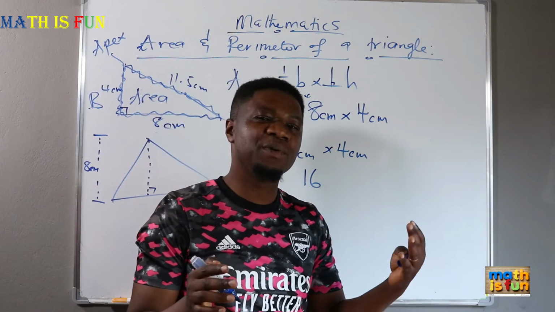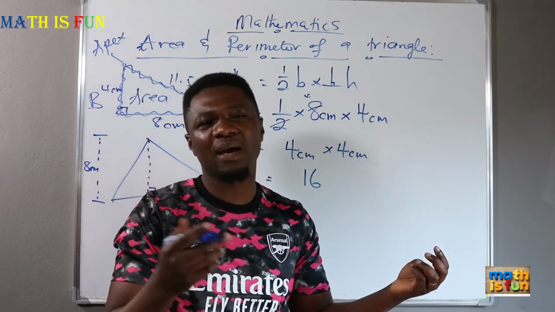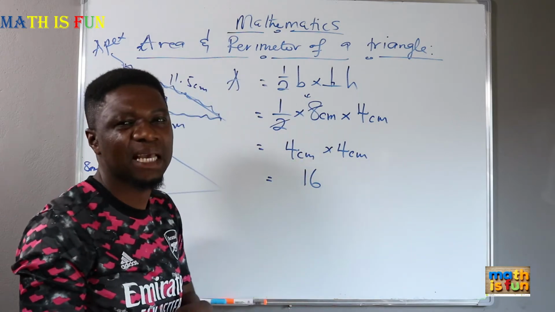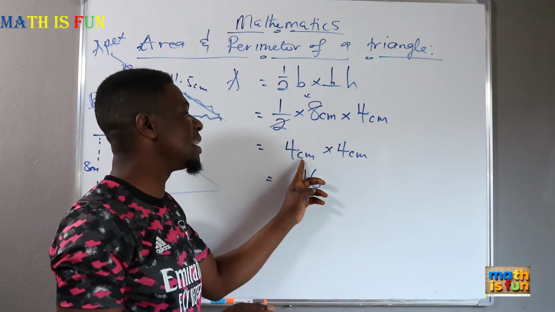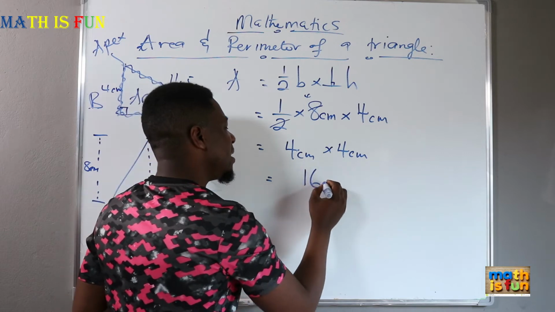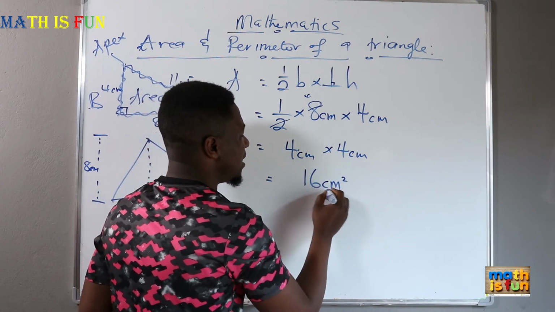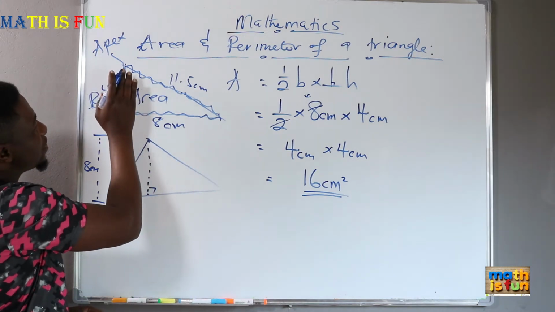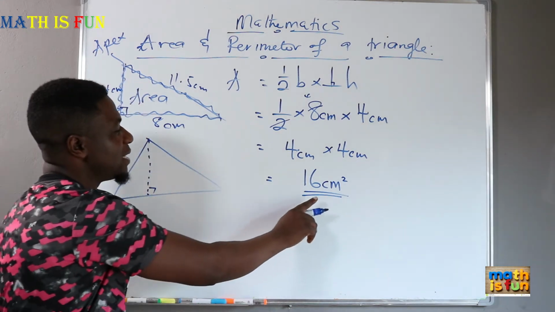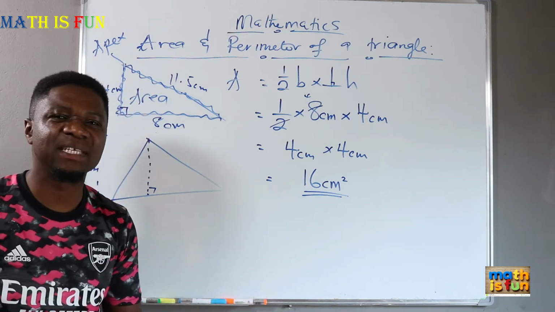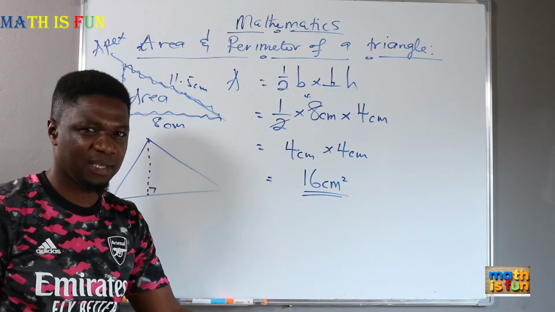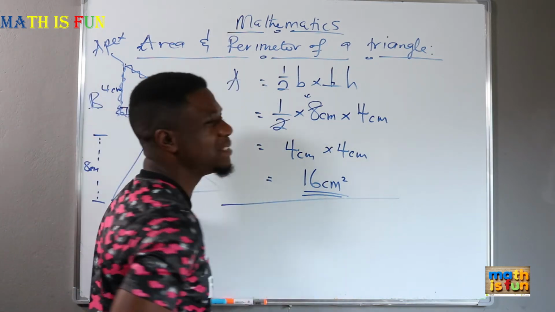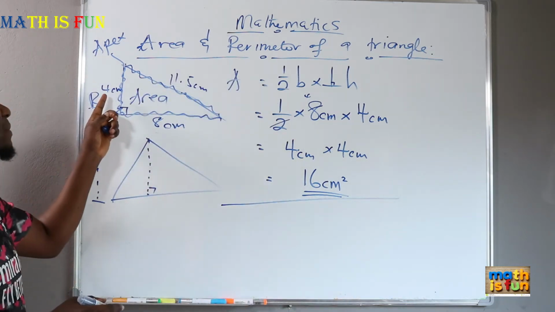In algebra, we were taught that, for example, L times L is L squared, X times X is X squared. So since centimeter is multiplying centimeter, we have centimeter squared. So the area of this triangle is 16 centimeter squared.